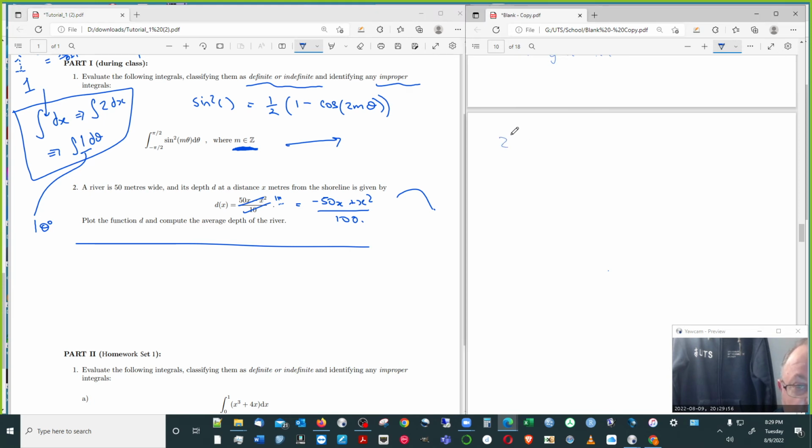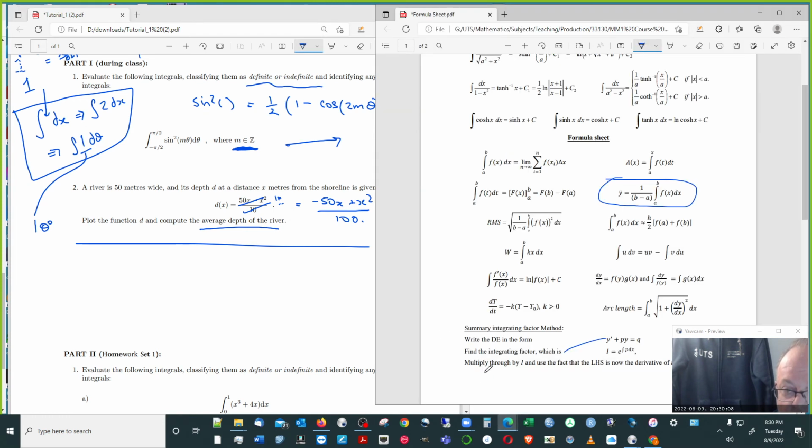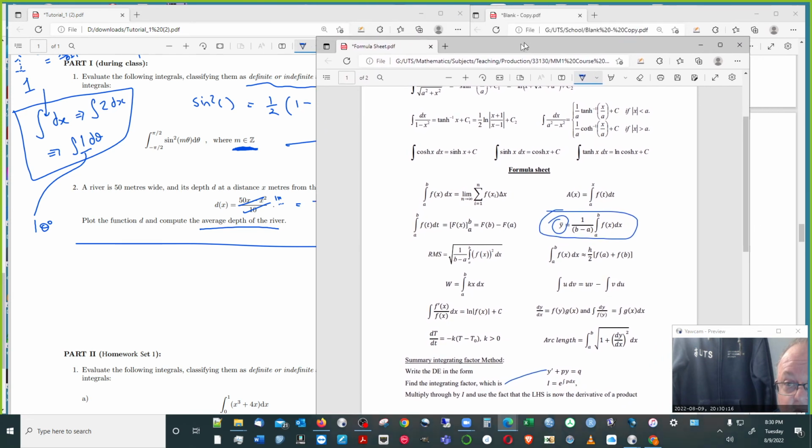Alright, so for question 2, we have to invoke this integral. We want the differential because we're finding the average depth. Okay, so from our formula sheet, the formula sheet equation was dash on the top. So we're looking at, which is just like the statistics dash, if you were wondering. Yes, it is the same thing.